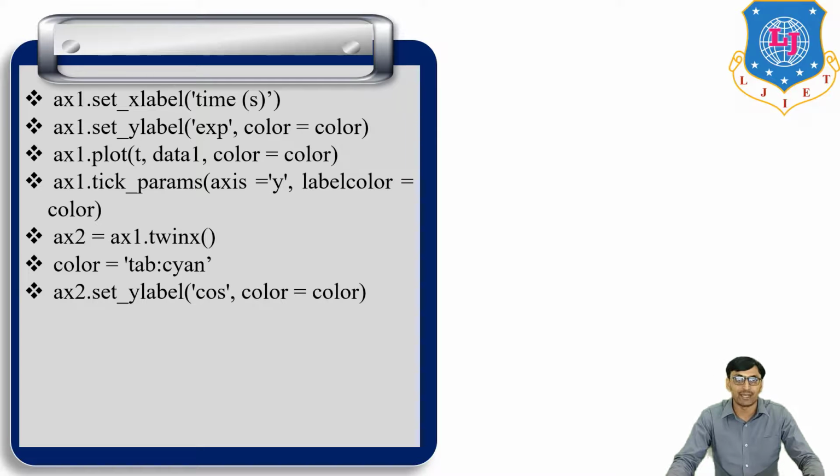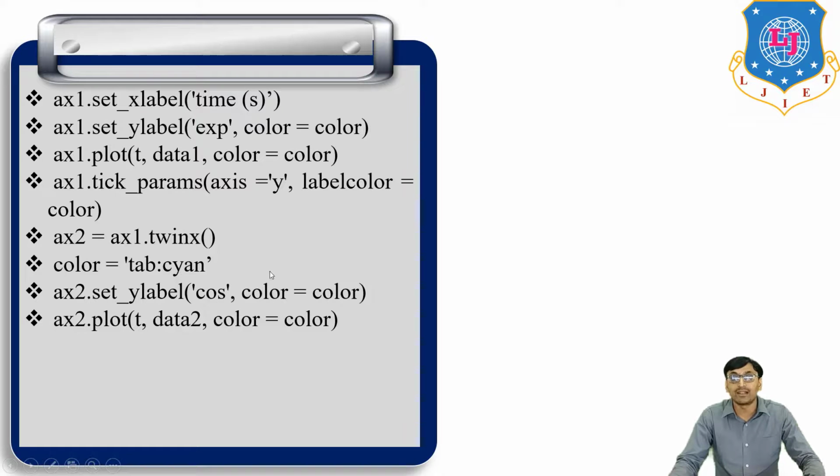So set_ylabel, cos in the y-axis, this word cos is printed out, and color is equal to color. So this color is the color for the y-axis in the second graph. Then ax2.plot in the bracket t, t means data, starting point, end point, then data2, then color is equal to color.